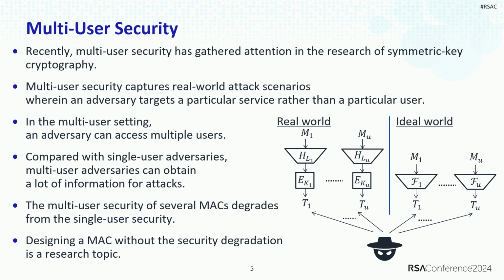In the real world, the adversary interacts with U instances of HtE, and in the ideal world, with U random functions, where U is the number of users. Compared with the single user adversary, the multi-user adversary can obtain a lot of information for attacks. Indeed, the multi-user security of several MACs degrades from the single user security. So designing a MAC without such security degradation is an important research topic for symmetric cryptography.